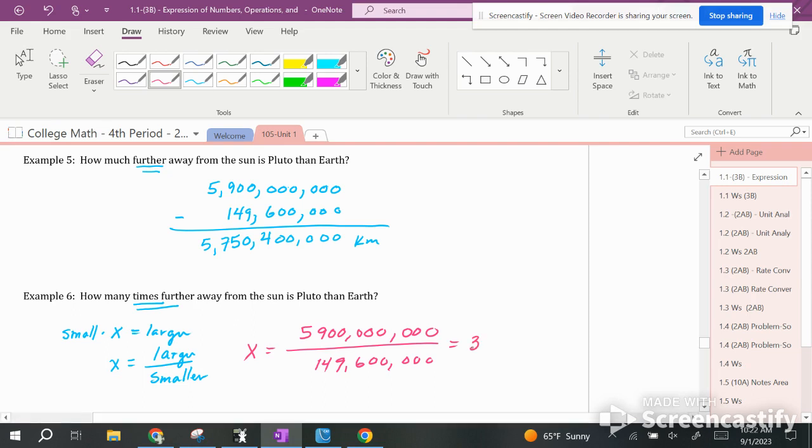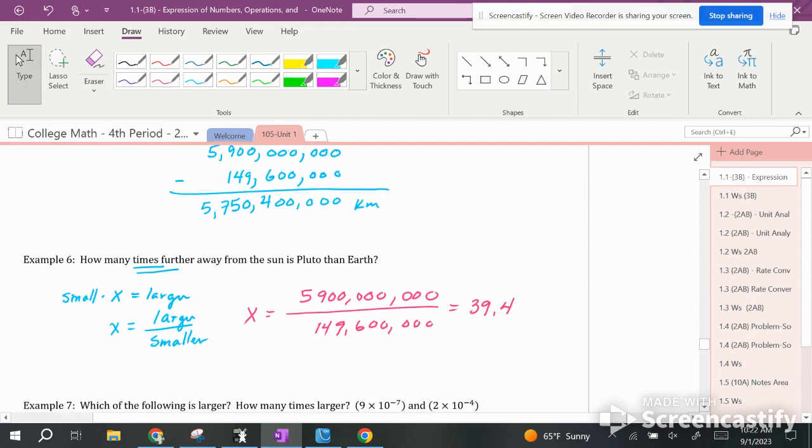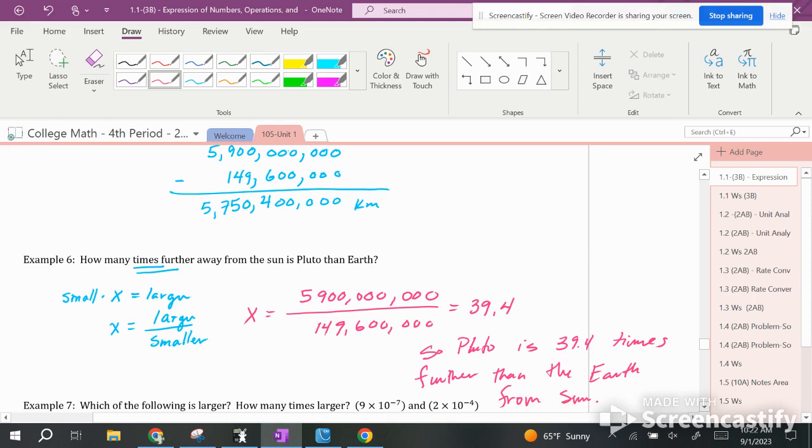Was it exactly 39.4? So we'd write this like so: Pluto is 39.4 times further than the Earth from the Sun. Does that make sense? So almost 40 times further. That's a long ways. Wow.